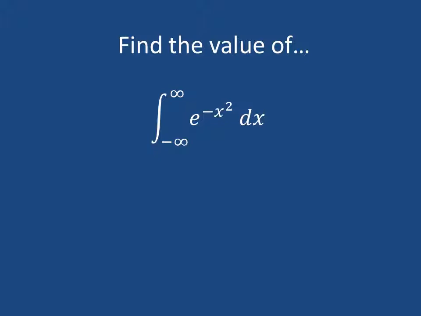And even though this is an improper integral, we cannot use the traditional methods of taking the antiderivative and employing the fundamental theorem of calculus, simply because the antiderivative of e to the negative x squared is not a simple function or combination of functions that we're familiar with.